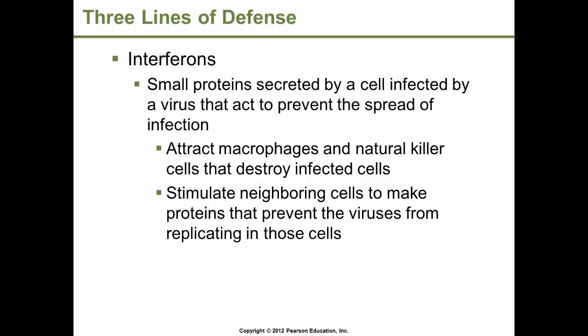So these small proteins secreted by that cell basically mark it for destruction, so that natural killer cells and macrophages can come in, do their job, and destroy that cell. But the secretion of these interferons also sends out a message to the neighboring cells around them to make proteins to keep them from being infected.